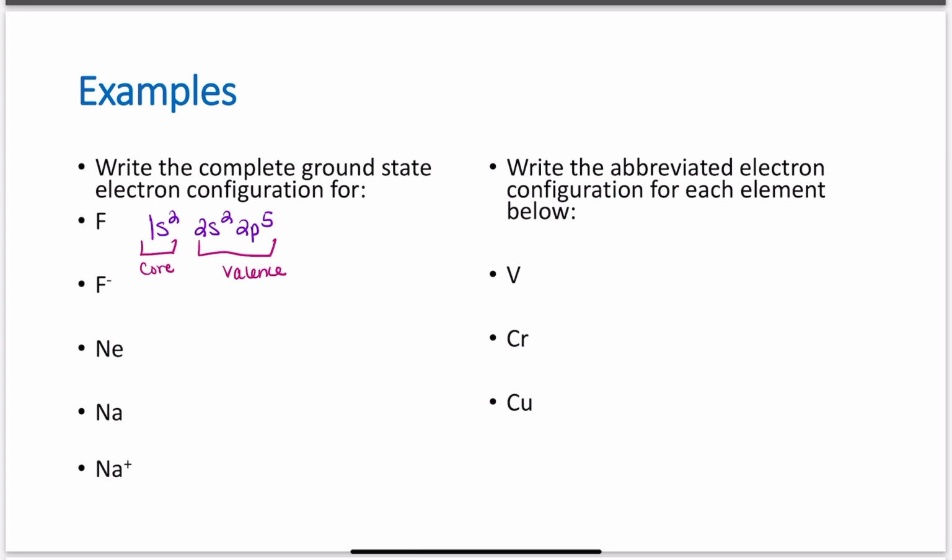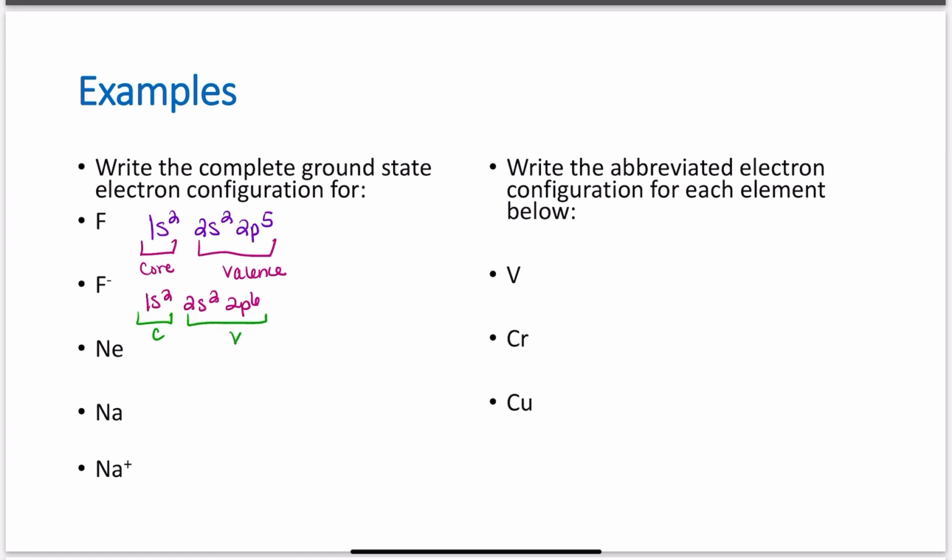If I look at F minus, F minus has gained one electron. So F minus, I'm going to have 1s2, 2s2, 2p6. Again, this is my core. This is my valence here.